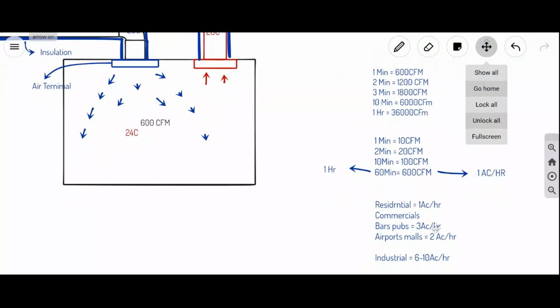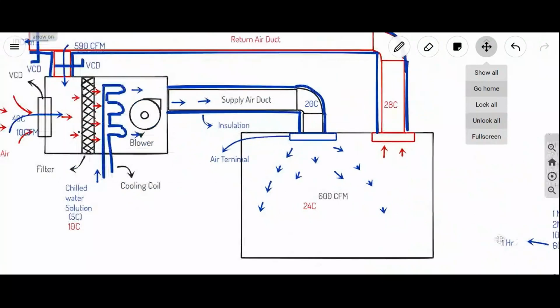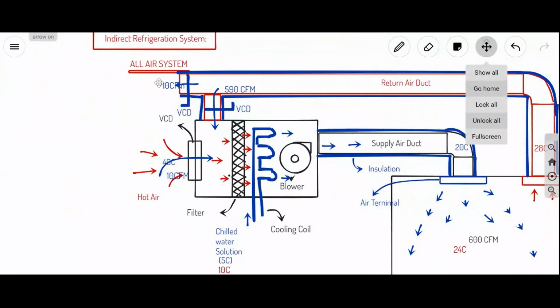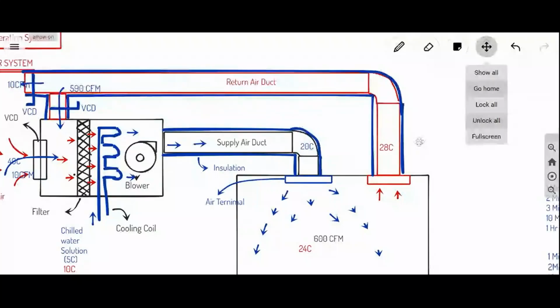Suppose if I need 2 air changes per hour, how much air do I need to exhaust here? 20 CFM. How much fresh air do we need to take? 20. So then 2 air changes per hour will happen here.